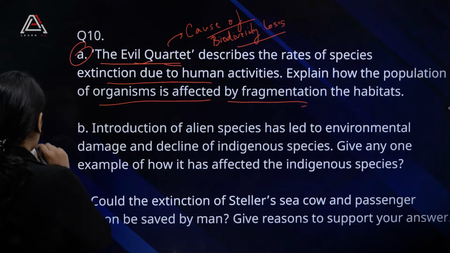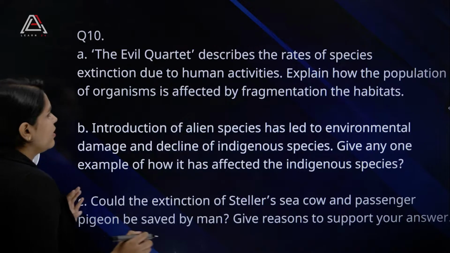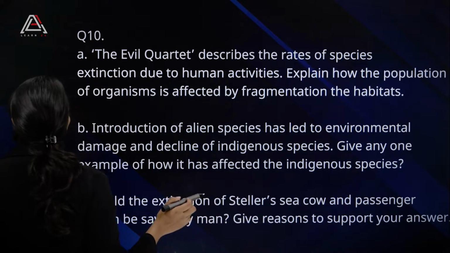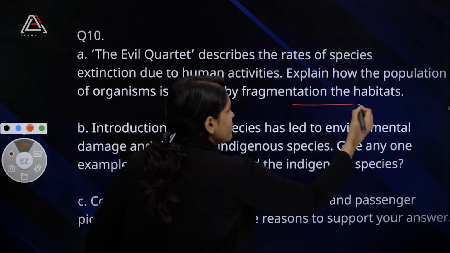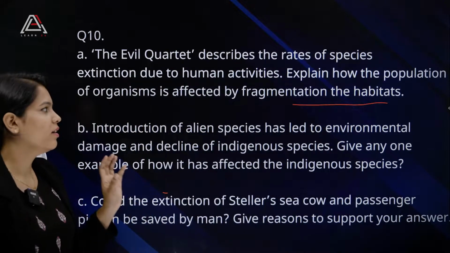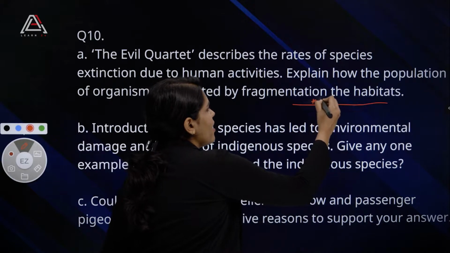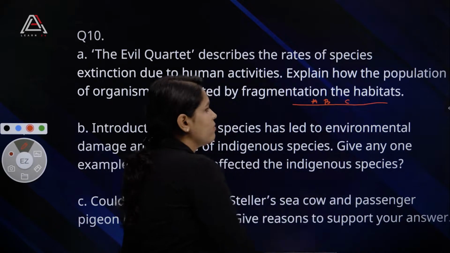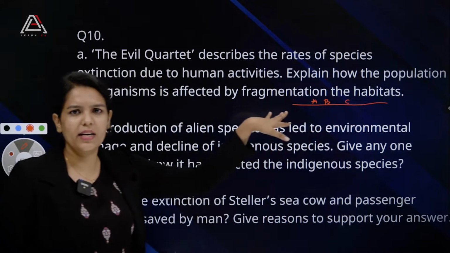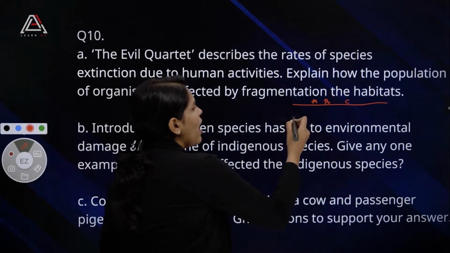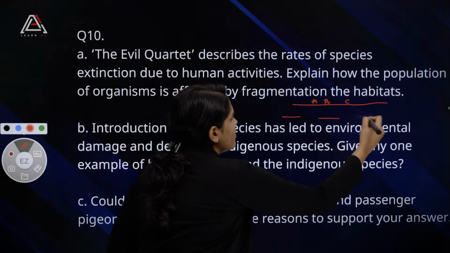Okay, so let's just consider that here is a population. Okay, there is a population going on. Fine. Let's say A, B and C. These 3 populations are staying in a particular habitat, alright. Now they are being fragmented.